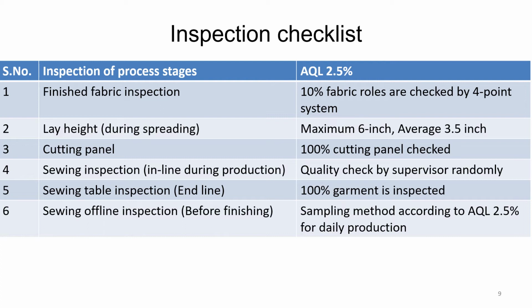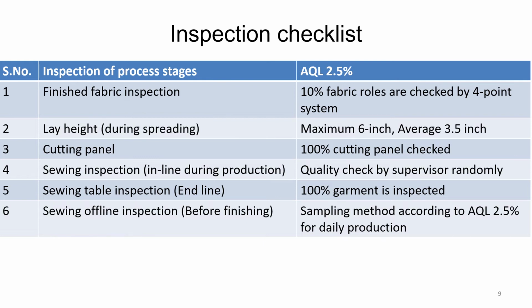What essentially needs to be understood here is that inspection is done before the finishing. In fact, inspection is done at all the stages: when the fabric has been cut, and when the stitching is happening in the production line. If, let's say, 10 machines are being used to produce, then the operation being done on all the machines has to be checked.